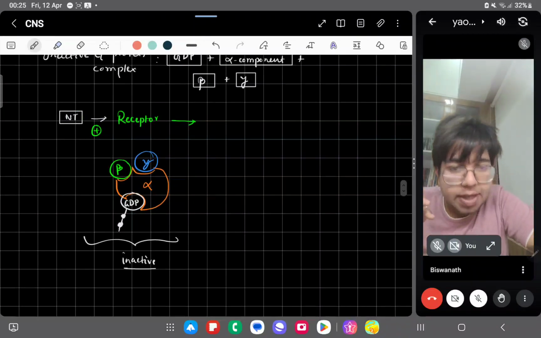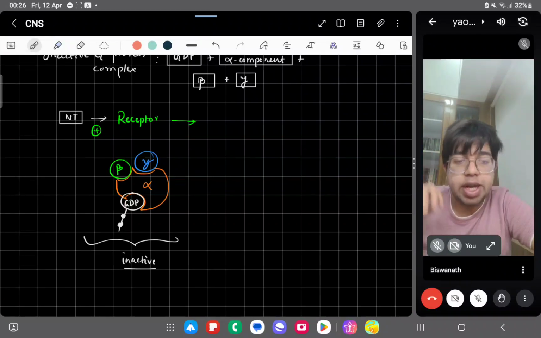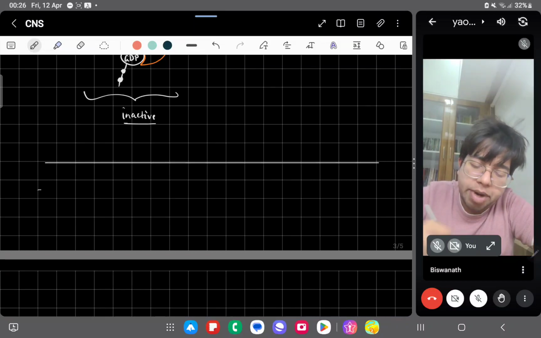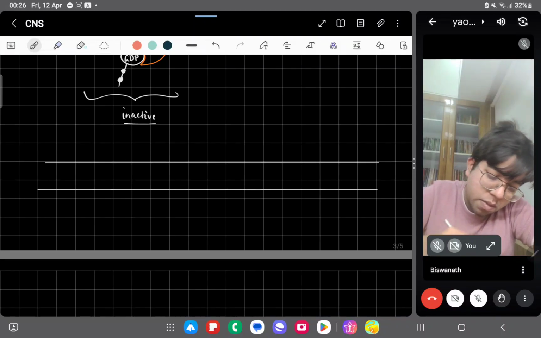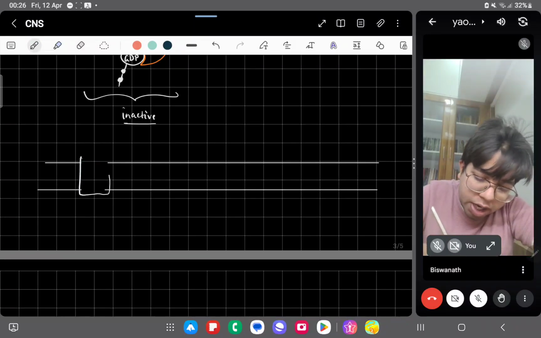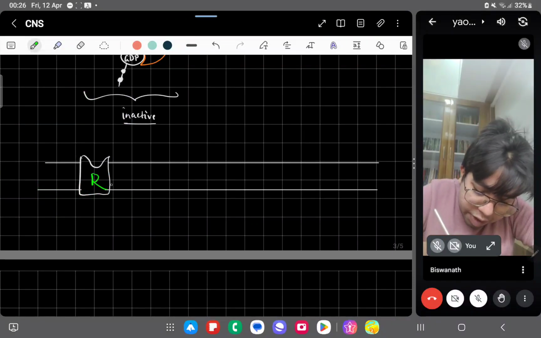So what happens is that when the neurotransmitter binds to the receptor protein, just understand here, let's take a membrane. I'm explaining the concept given in your Guyton textbook only. I'm not taking any other concept. Let's say this is a receptor. I'm writing R for the receptor.